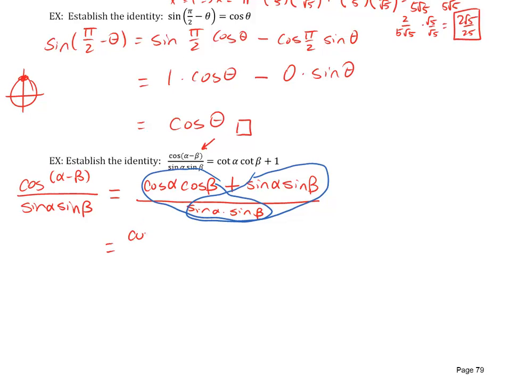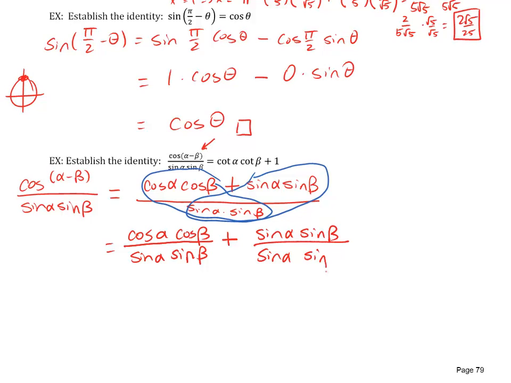Which would give me cosine of alpha cosine of beta divided by sine of alpha sine of beta plus sine alpha sine beta over sine alpha sine beta.